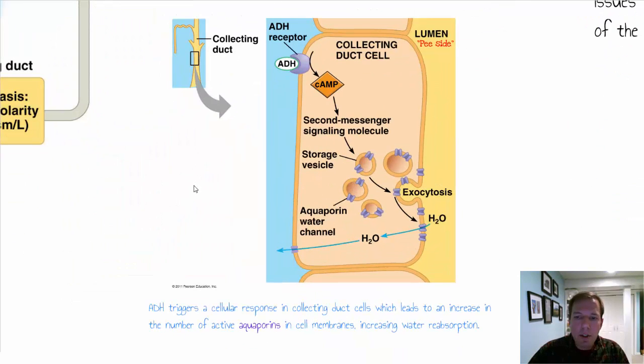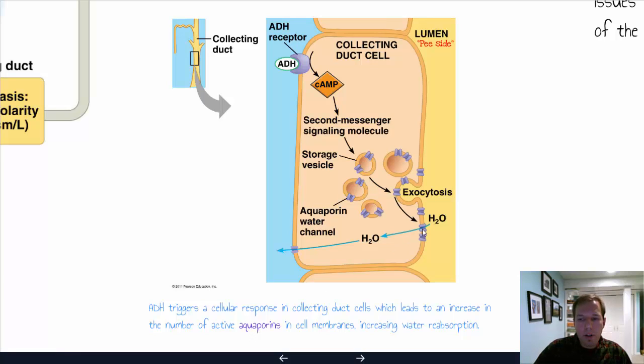So the way that it's able to do that is through the primary type of channel protein by which water is going to move from the lumen or the interior of the tubule and allow that to be able to move through the cell, through the duct itself, and back into the kidney and thus into your blood.